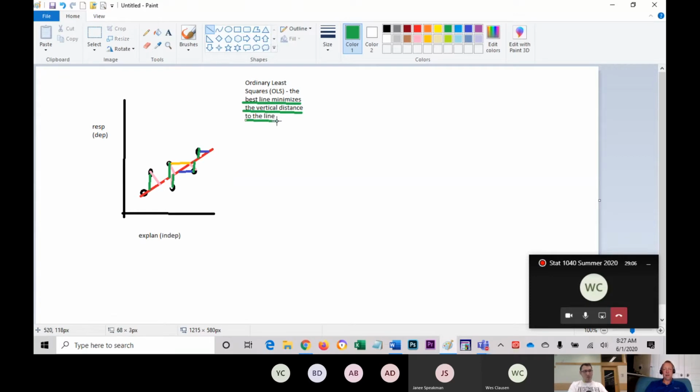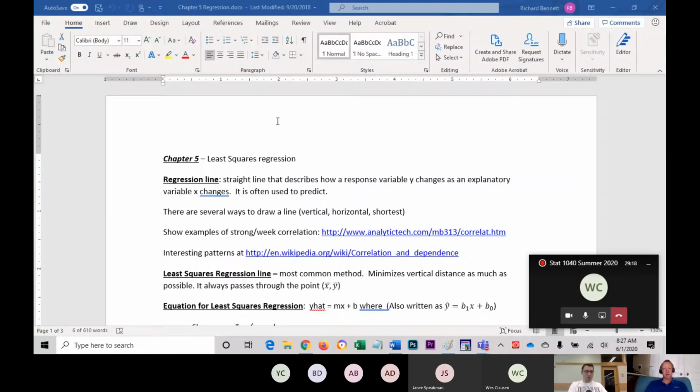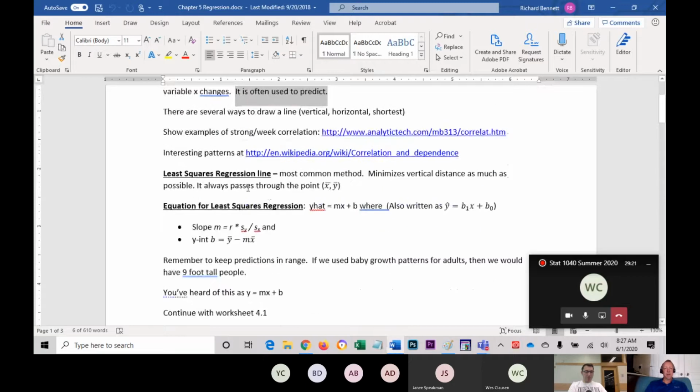If you take my Math 2040 class, I will actually do a little demonstration to show you that, but it takes way too long. So we call it least squares or ordinary least squares. It's the most common method. It minimizes the vertical distance such that it always passes through the point x bar and y bar.